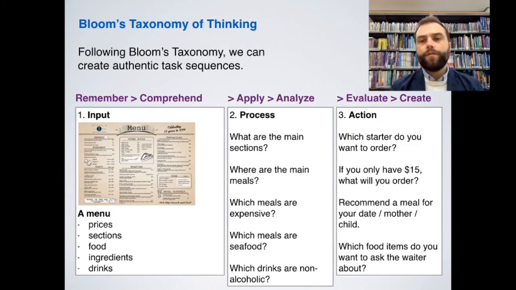If you only have $15, what will you order? Recommend a meal for your date or your mother or your child. So here students might be looking for food that isn't too spicy or food that's suitable for children. And the final question, which food items do you want to ask the waiter about? Okay, so now you're getting students to evaluate the menu in more detail.